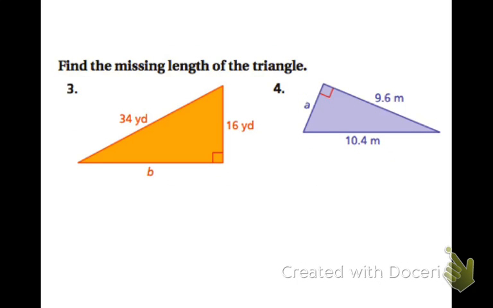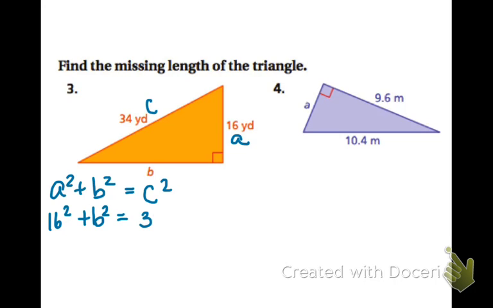Finding the missing side. Again, making sure you know which sides are the legs and which side is the hypotenuse. So if you need to label them, okay, because this one was already labeled b, we would have 16 squared plus b squared is equal to 34 squared. So go ahead and square them on the calculator if you need to. 34 times 34 is equal to 1,156.